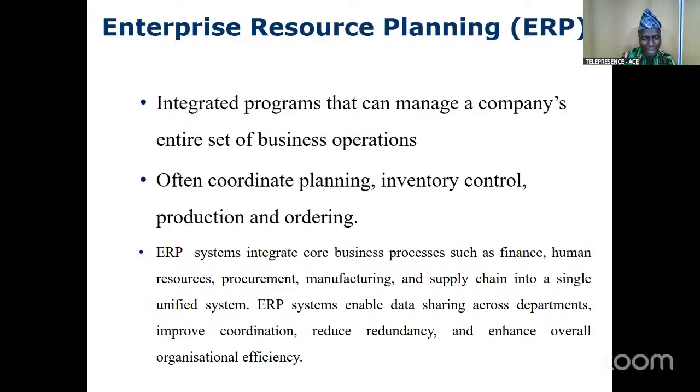It integrates all the components of the enterprise into a unified system in order to enable timely data sharing across departments, to improve coordination, reduce redundancy, and enhance organizational efficiency. The enterprise resource planning improves organizational efficiency.